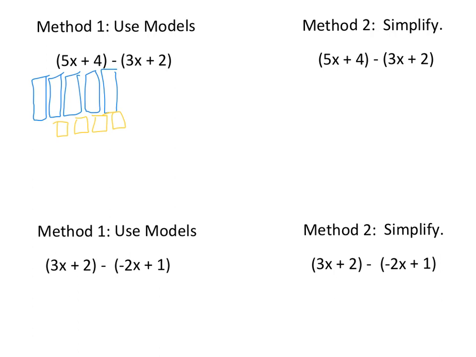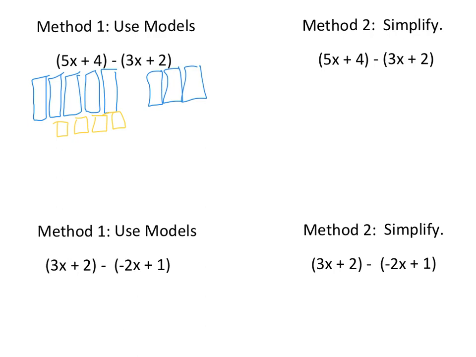And since they are all positive, I know that when I subtract them, I'm going to find my zero pairs. So in this case, I have 3 more of the rectangles.